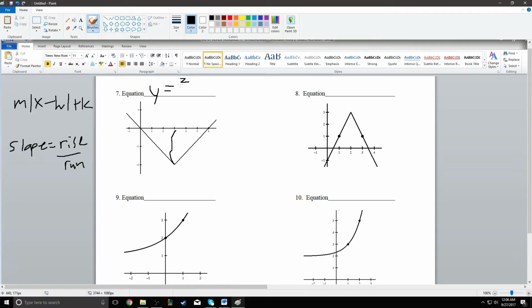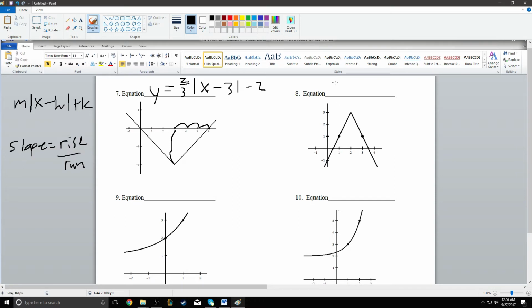So rise over, it runs 1, 2, 3. So 3. Absolute value of x. Now we handle our shift. Our shift, it starts at the origin and it goes right 1, 2, 3. So it's right 3. And down 1, 2. So minus 2.